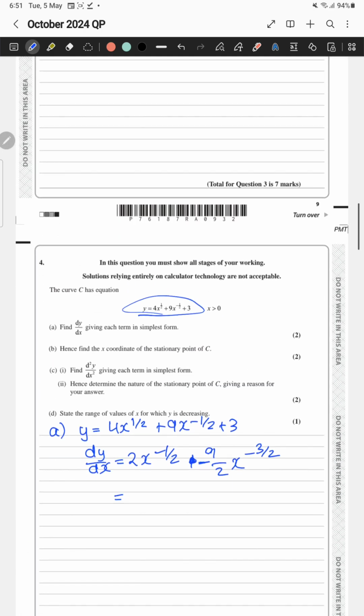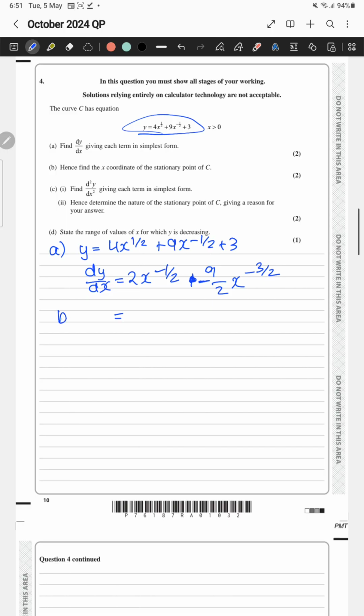Now part B says find the x coordinate of the stationary point. Whenever we are finding the stationary point, dy over dx should be set equal to 0.